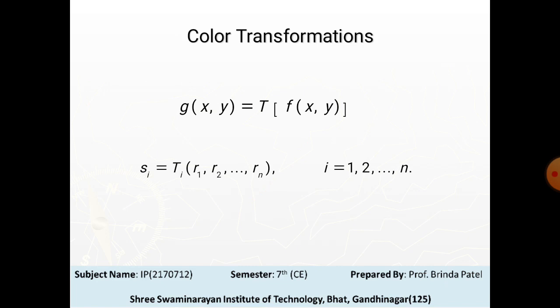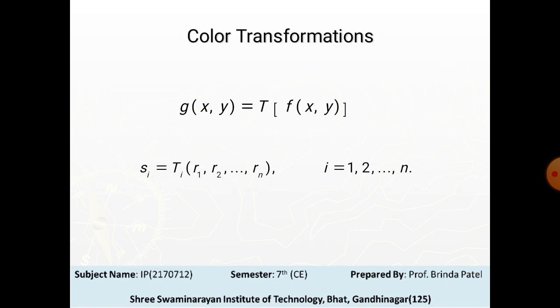So the formulation. As with the intensity transformation techniques, we model color transformation using the expression g(x,y) = T[f(x,y)], where f(x,y) is a color input image, g(x,y) is the transformed or processed color output image, and T is an operator of f over a spatial neighborhood of (x,y).